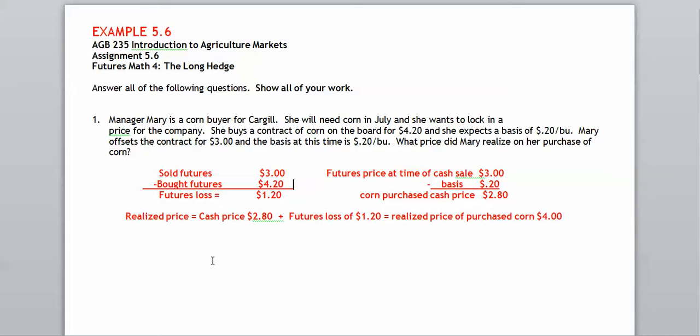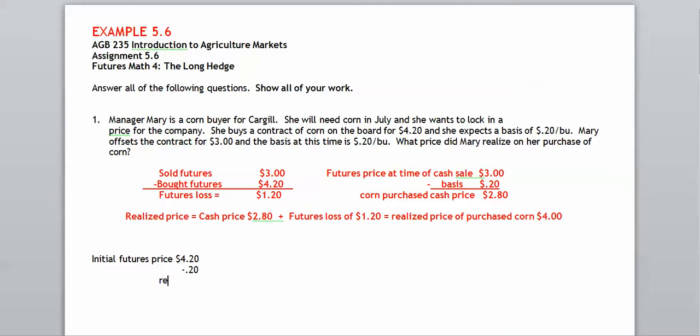Always remember, another way to do any problem is to figure out the initial futures price. In this case, our first thing that we did is we bought at 4.20. And then we subtract ending basis. In this case, when she buys cash corn, basis is 20 cents.